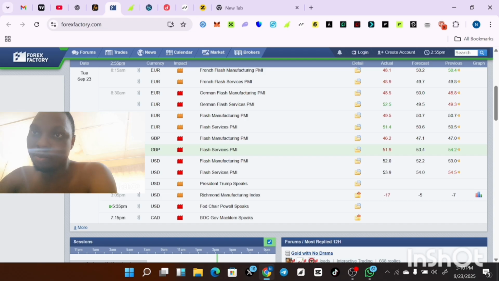Any pair that is tied with GBP, like GBP JPY, will go bearish. Let's say AUD GBP will go bullish. If GBP is the first currency, it will go bearish. If GBP is the second currency, it will go bullish.